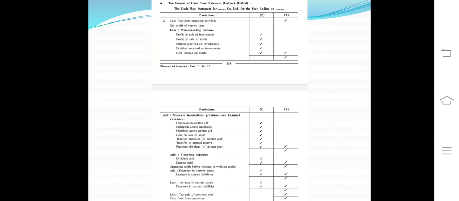In that, first of all there will be two columns for amount, and in the second column we will start with net profit of the current year, which we can get from the profit and loss account, that is the statement of profit and loss.